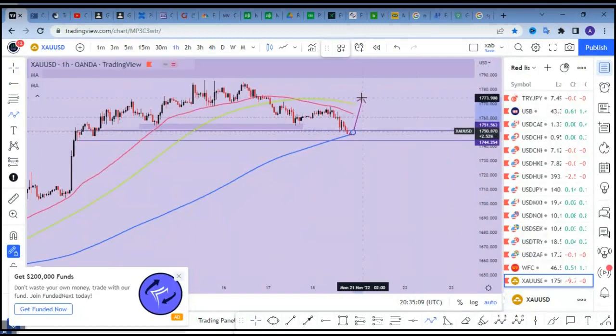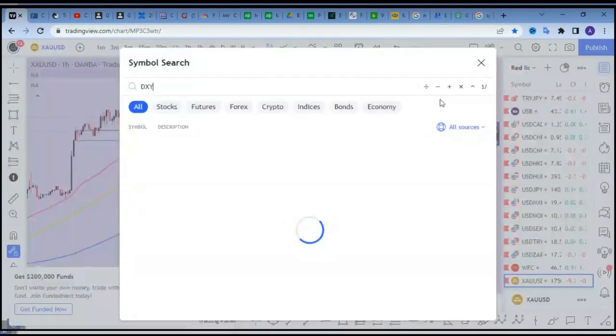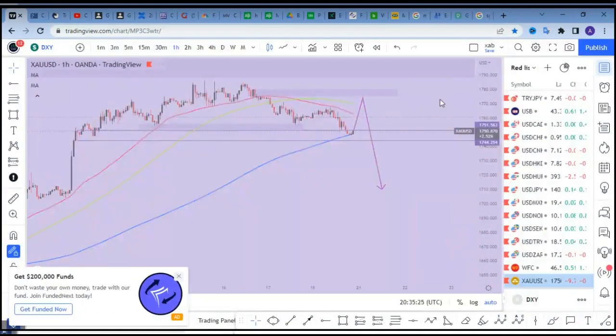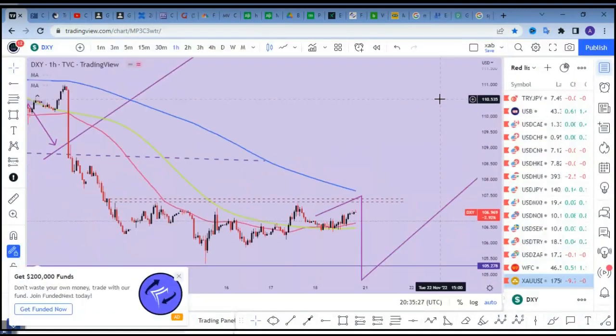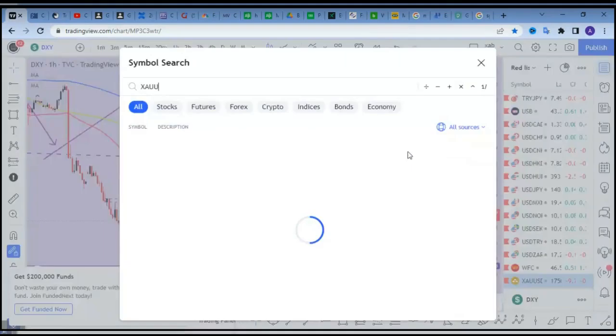Because like I said, when we looked at the dollar, we talked about the dollar getting temporarily weak. Let's quickly confirm that. Yeah, getting temporarily weak to find strength around this area, and then we can see the major buy play out.